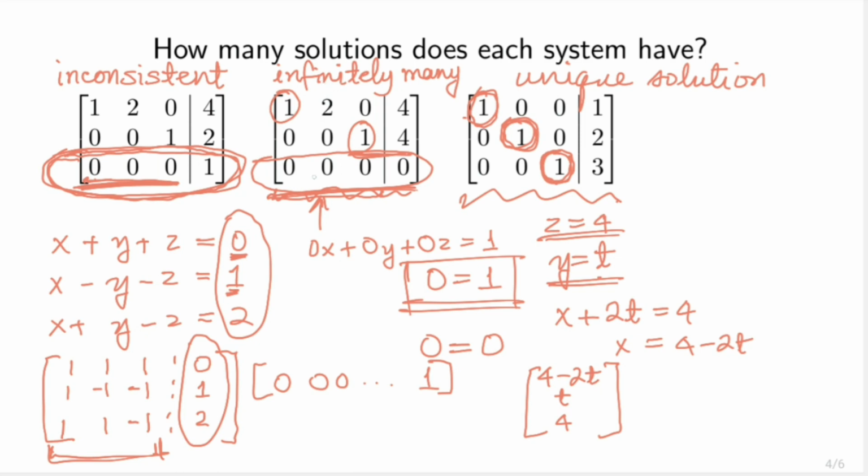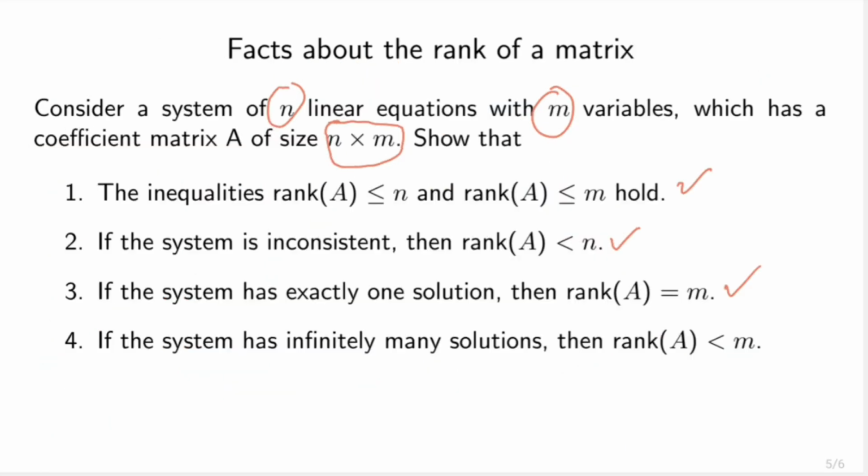And to have a free variable means that in the column where that variable was supposed to be leading, you don't have a leading one. And so you're going to be deficient in terms of the number of columns. You're going to have more columns than you have leading variables. So your rank is going to be less than the number of columns. So that's what this one is telling us.